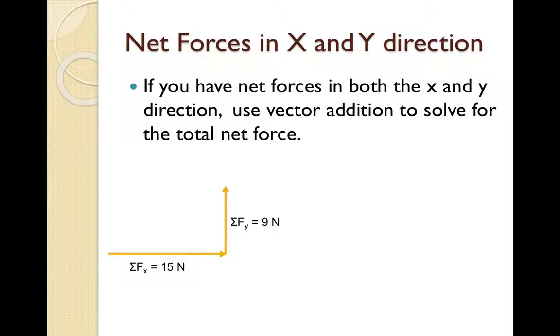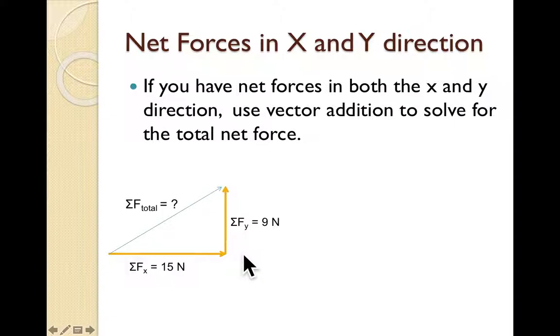So now we're going to look at what to do if we have forces in the x and y direction, and we have to solve for a resultant force or a total net force. So this should look pretty darn familiar to you from long ago whenever you started working with triangles, because this is the Pythagorean theorem. So we have one leg of a triangle, another leg of a triangle, and we're looking for the hypotenuse.